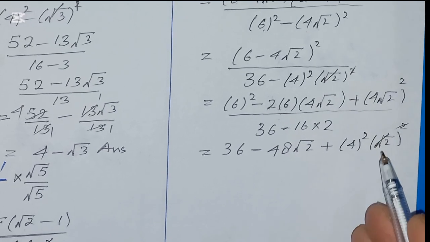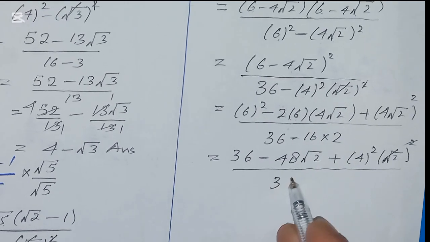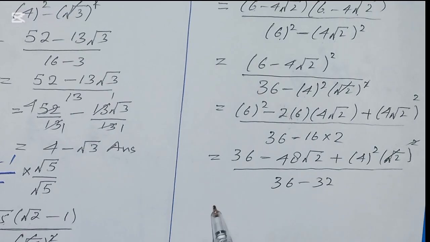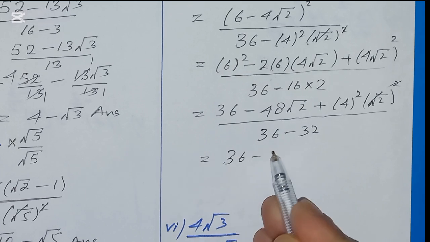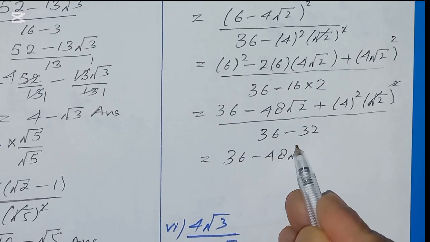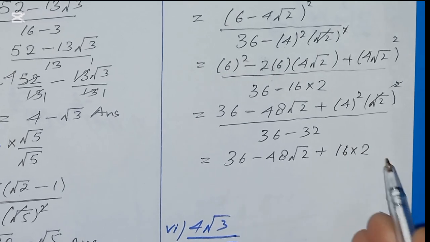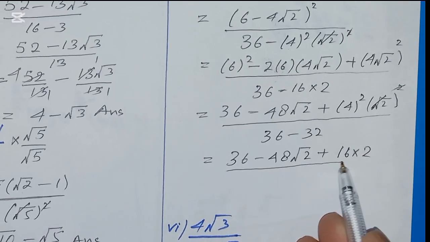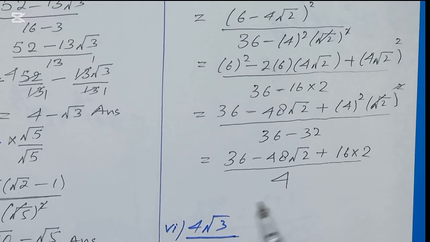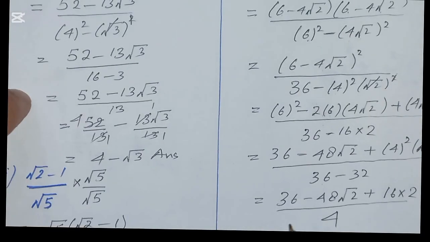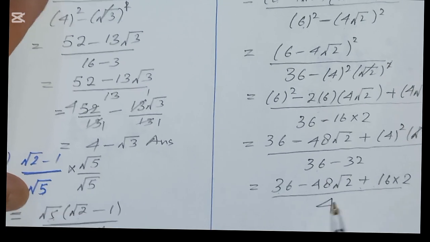This 2 cancels with the square root sign, and in denominator we have 36 minus 32, and next step 36 minus 48 under root 2 plus 4 square is 16 and multiply 2, and in denominator we have 36 minus 32, we will have 4.